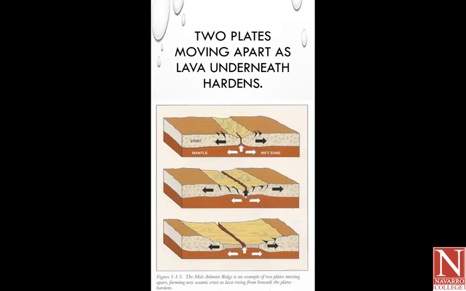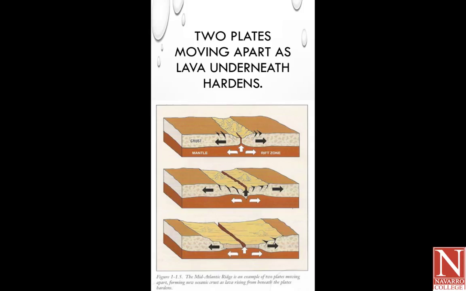When two plates are moving apart, as it is in this picture, you have lava. It's called lava when it comes to the surface, but it's called magma when it's below. And the lava comes underneath and it separates the different plates. And when it pushes them apart, the lava becomes hard and it helps to form more land masses.